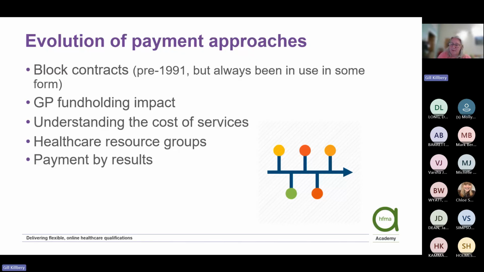Now, you can have a hip replacement that's non-elective because if they've gone in after an accident and broken the hip, it's had to be replaced. So the elective things are things that are planned, usually referred in by a GP or other clinical responsible person, the activity undertaken, and then they're discharged.